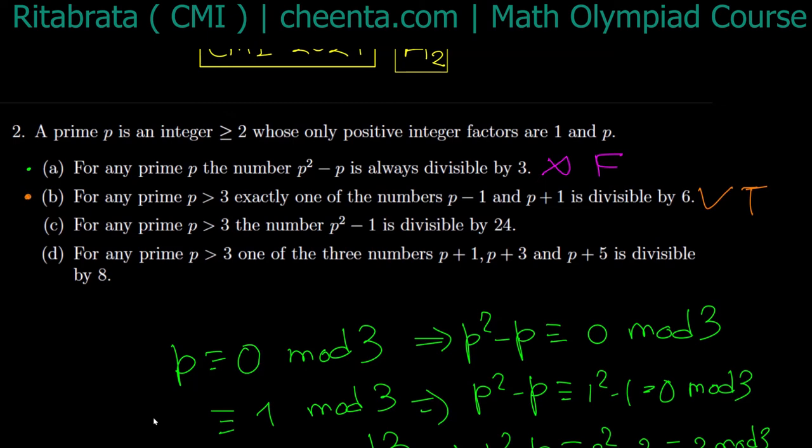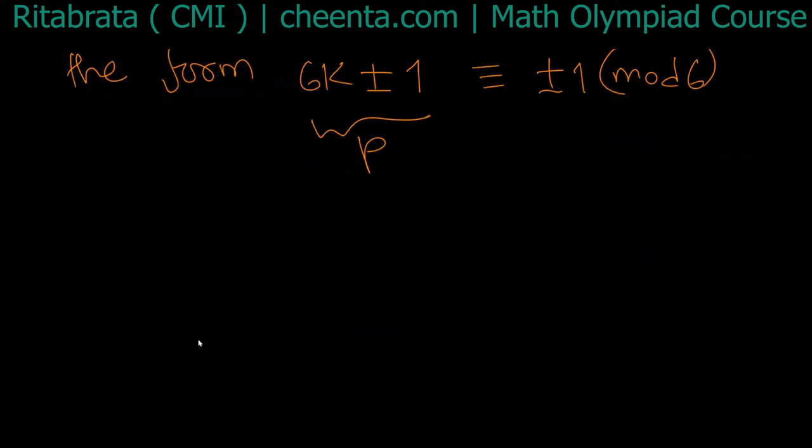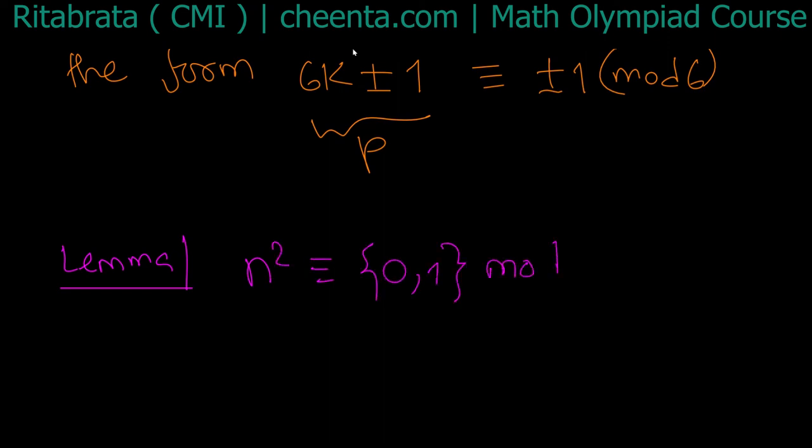Now what about the third part? This is an important lemma. Any perfect square is either congruent to 0 or congruent to 1 modulo 3. You can easily check it.